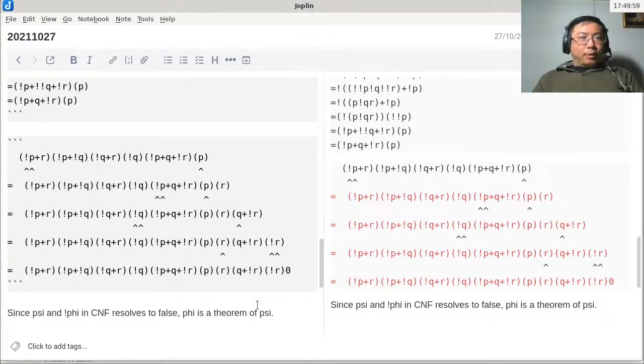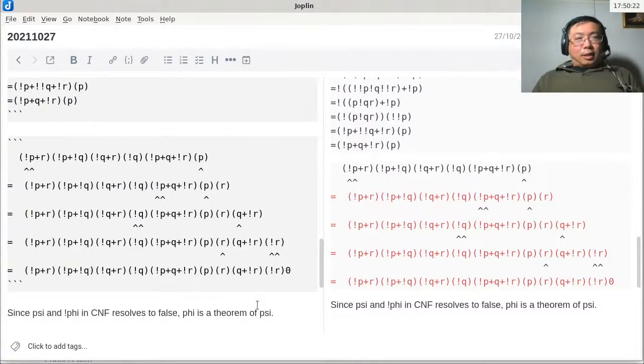All right, so we are running out of time. The other three questions are basically the same thing. You are given a psi, you have to convert psi itself into a CNF first, and then you're given a phi, but you have to negate phi first before you turn the negation of phi into a CNF.